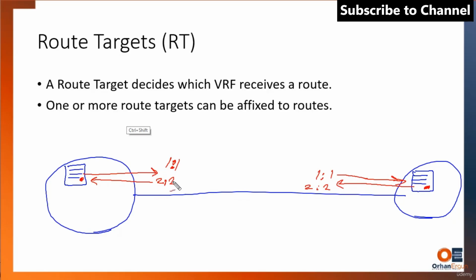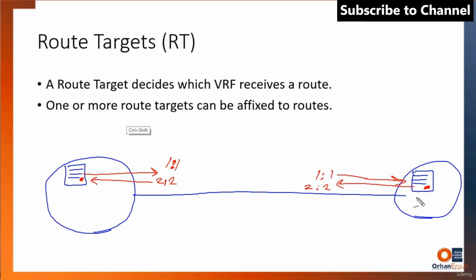So again, they are assigned to the routes so that the other side knows which one is going to be imported in one of these. Now, can I import one of these into multiple routing tables on the other side? It is possible.